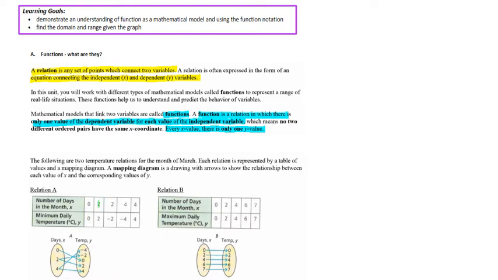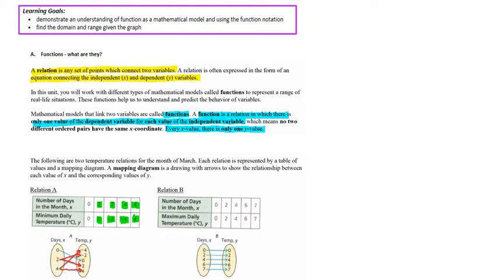However, we also see that the x value of 2 actually corresponds to two different y values. And this manifests in our mapping diagram because the x value of 2 maps across to two different y values. So it actually has two arrows coming from a single x value. And this happens again for the x value of 4. It maps to two different y values as well.